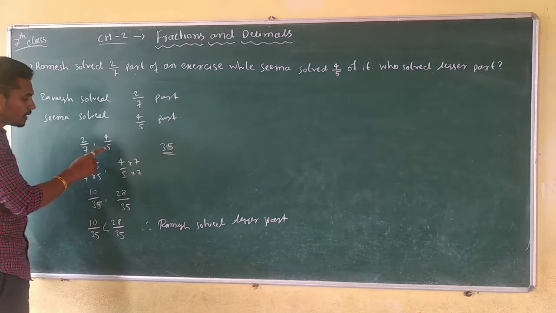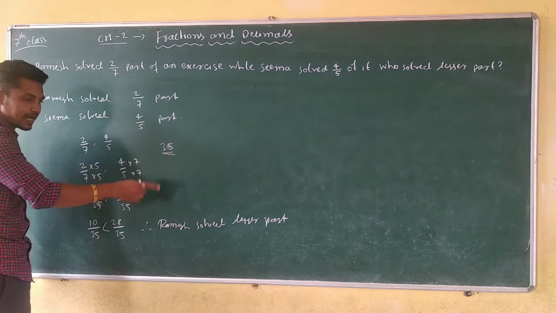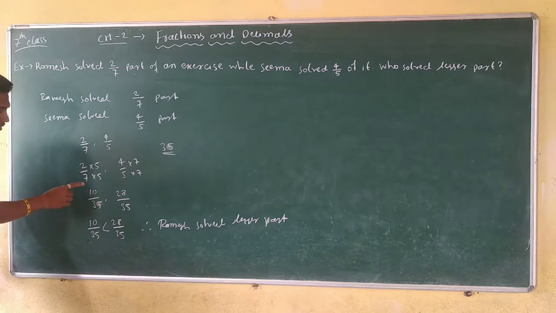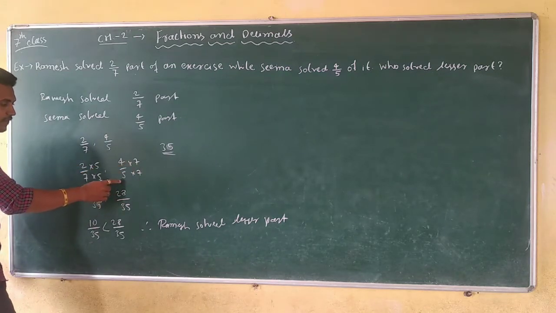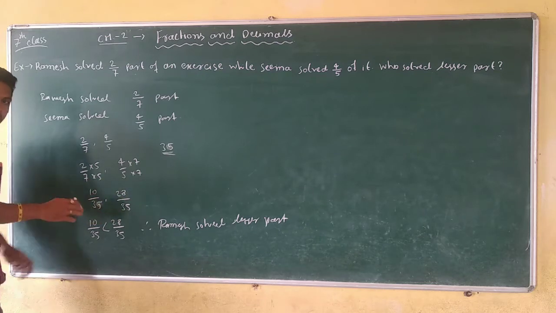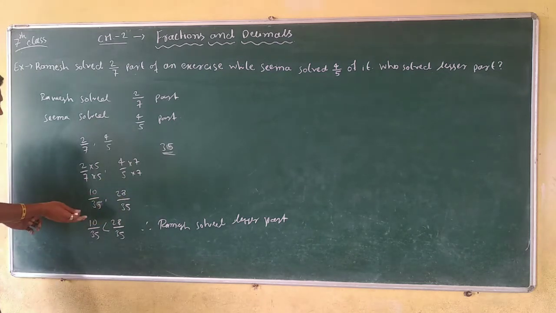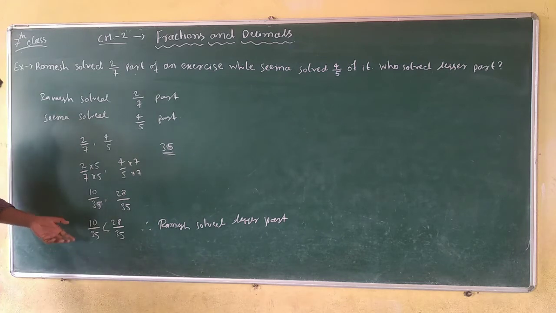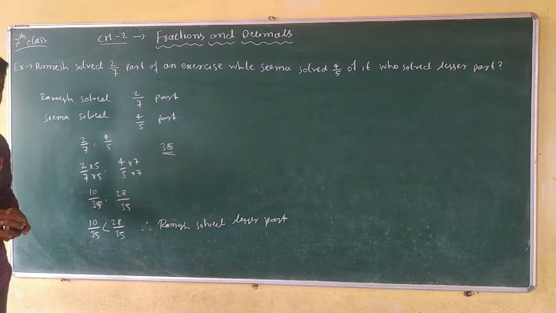Next 4 divided by 5, 5 7s are 35, so 4 into 7, 5 into 7. Next 2 5s are 10, 7 5s are 35. Then 4 7s are 28, 5 7s are 35. The denominator 35 is the same, and now we just compare the numerators. So that's why Ramesh solved the lesser part.